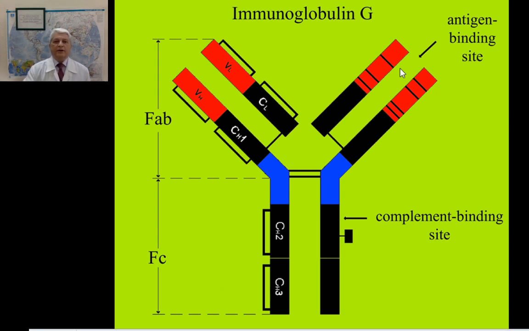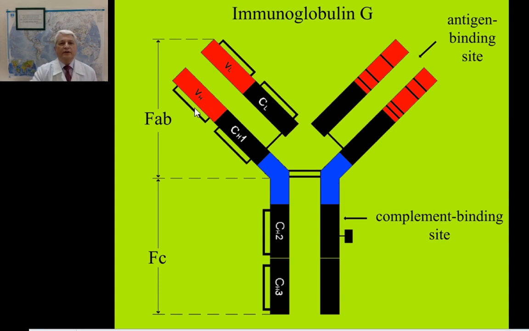Look, every chain consists of repeating parts, which we call domains. So the light chain has 2 domains, and the heavy chain has 4 domains. Don't look at the blue part, we shall tell about it a little bit later.